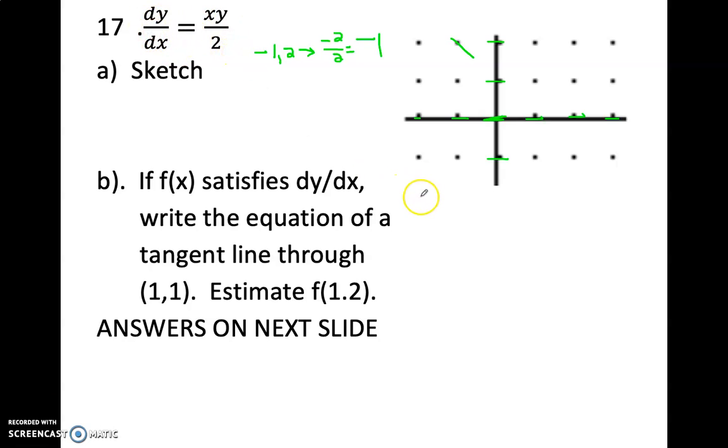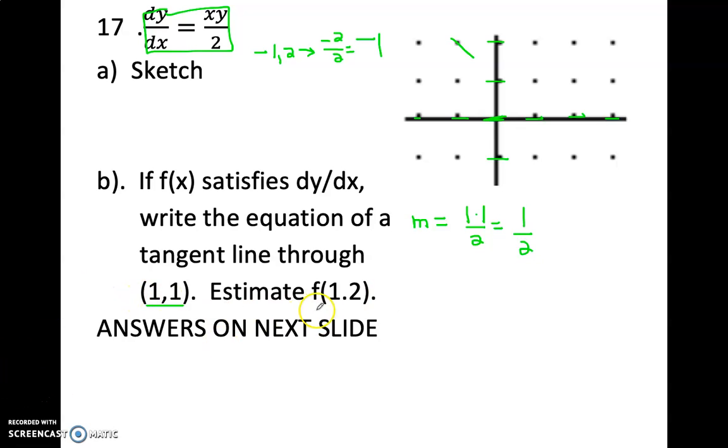All you need to do is plug 1, 1 into that equation, and that's what I'm going to do. So my slope of my tangent line is going to be me plugging in 1, 1 into this equation. It's 1 times 1 over 2. That was easy. So my slope is 1/2.